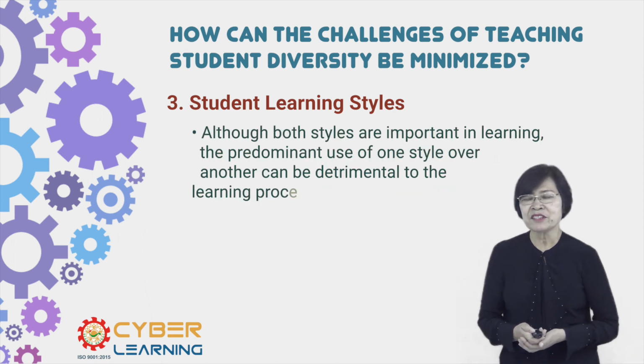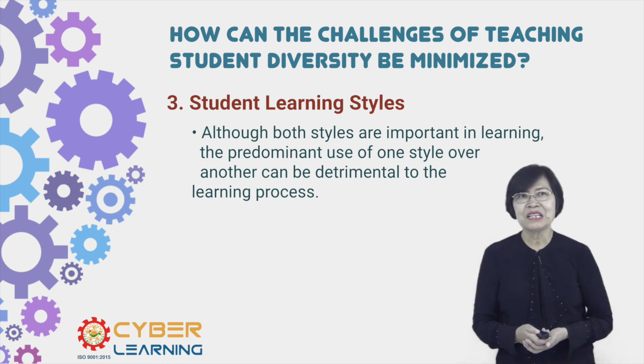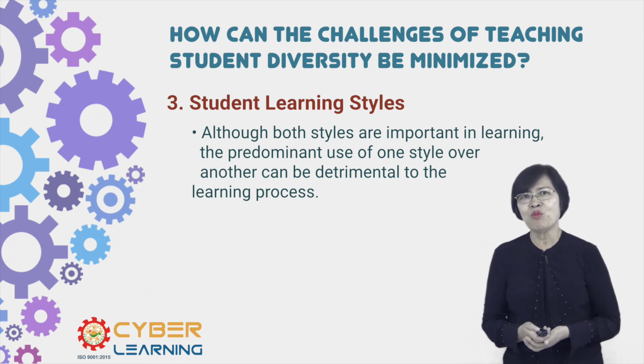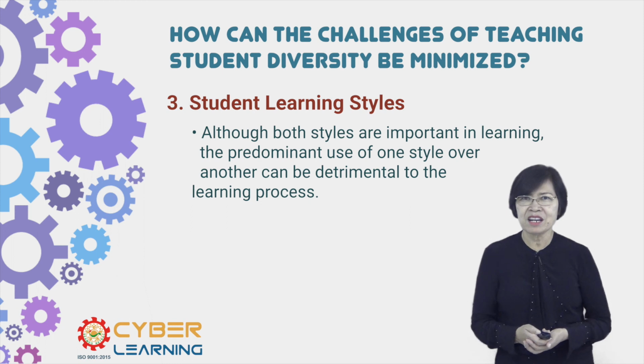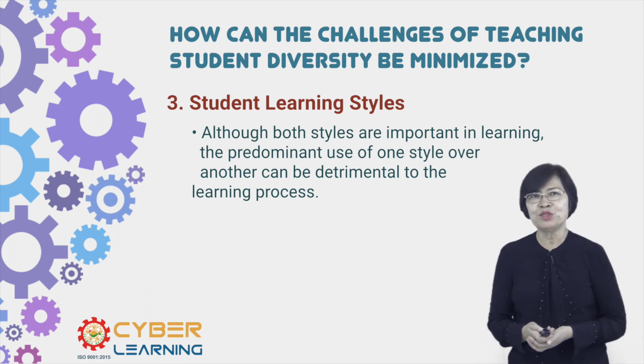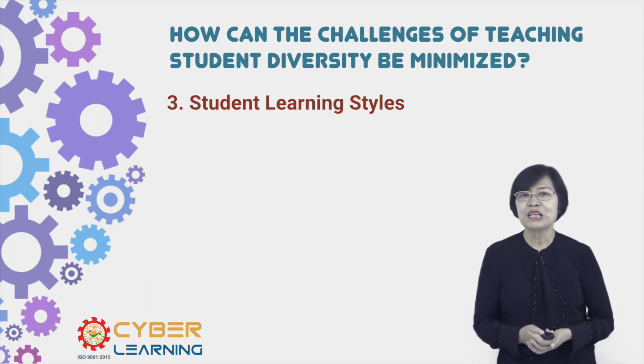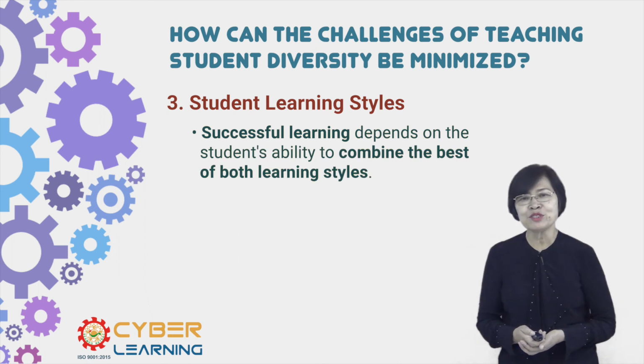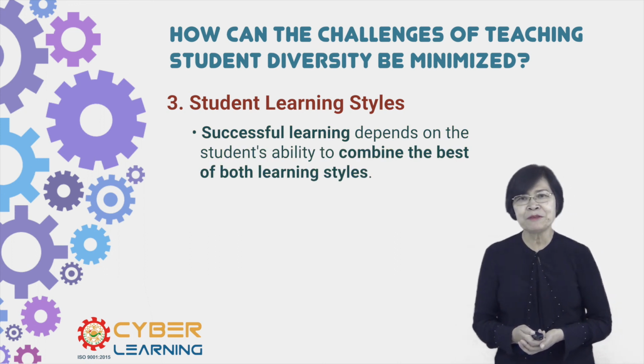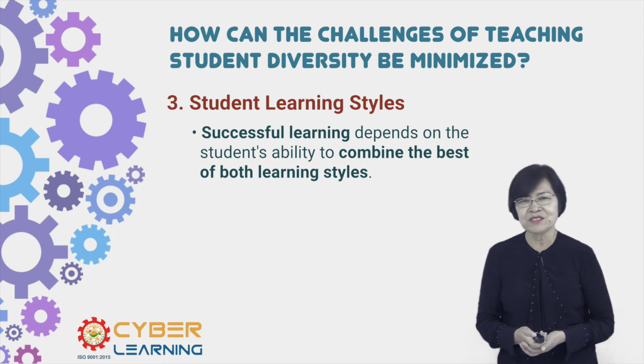Although both styles are important in learning, the predominant use of one style over another can be detrimental to the learning process. Successful learning depends on students' ability to combine the best of both learning styles.